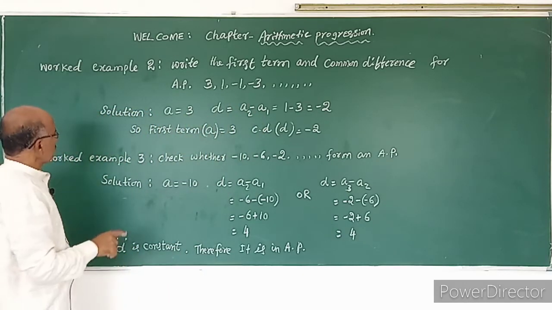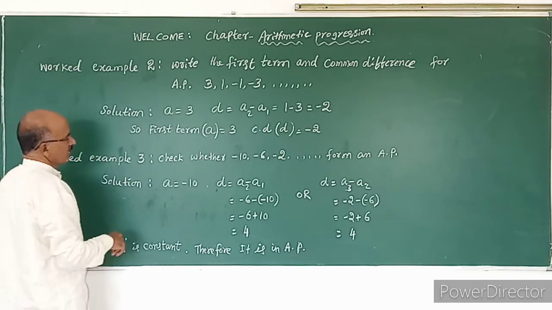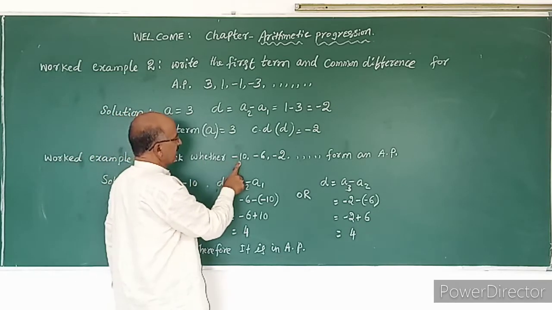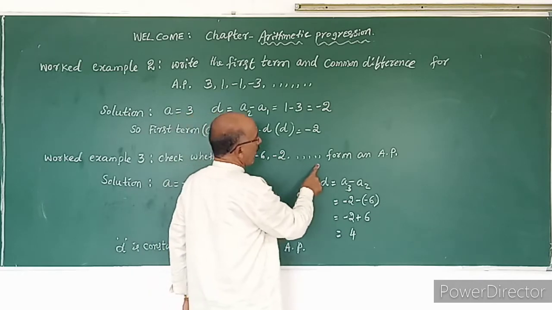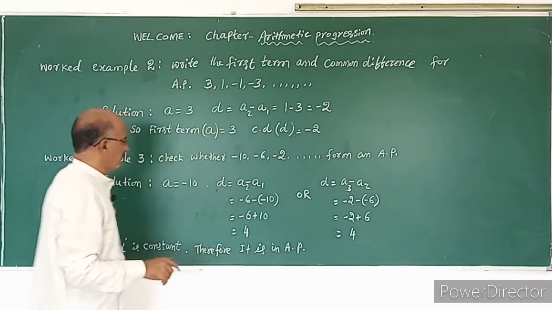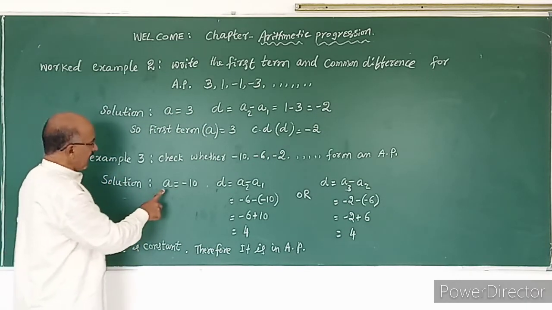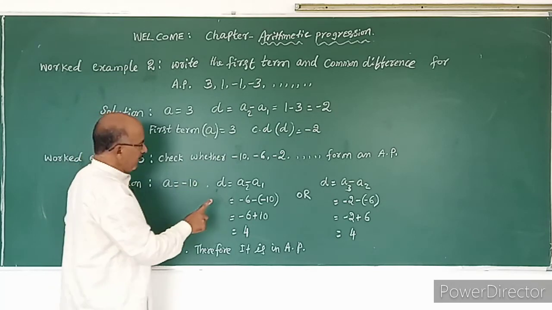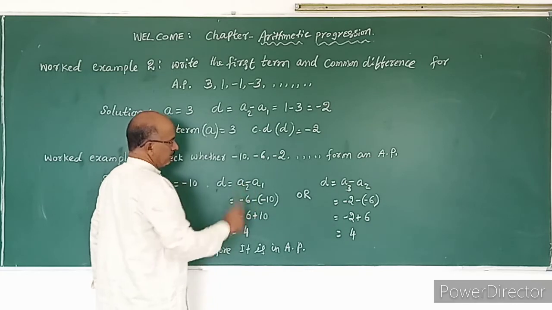Now, worked example 3. Check whether -10, -6, -2 and so on form an AP or not. Solution: first term is -10, common difference is second term minus first term.